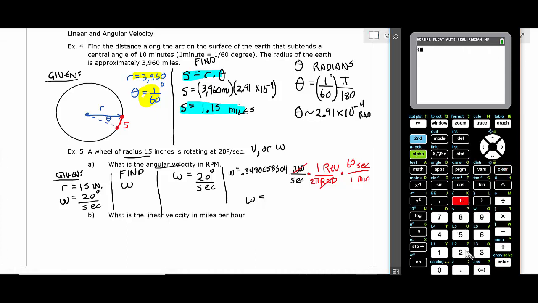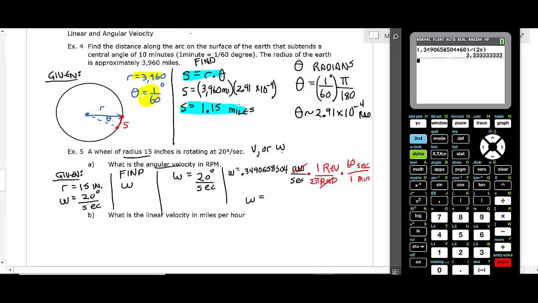Just go parentheses 0.3490658504 times 60. You want the calculator to do that numerator. Now we want the calculator to do the denominator, which is 2 times pi. See, that's a multiplication problem. Then you want it to divide. You're controlling the order of operations by doing that.